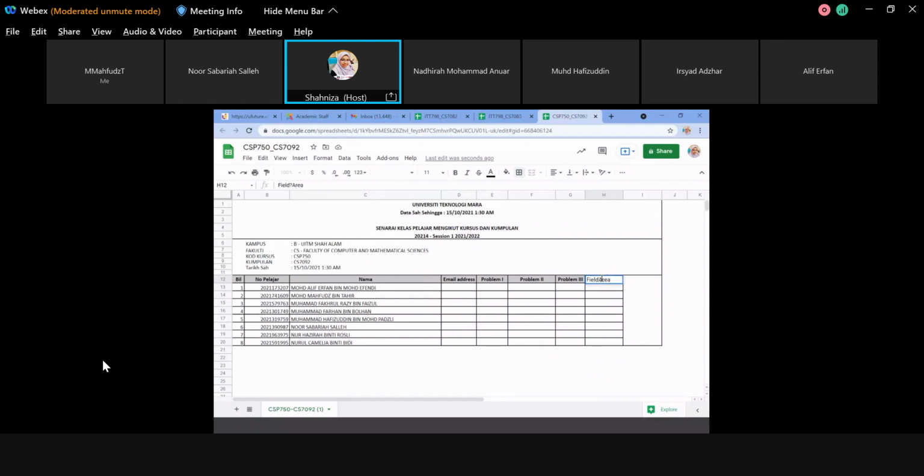Lepas tu maybe kat sini juga saya nak tambah potential proposed supervisor. Lepas tu nanti saya akan tambah juga dekat sini. Okay, so dia akan terus bertambah.